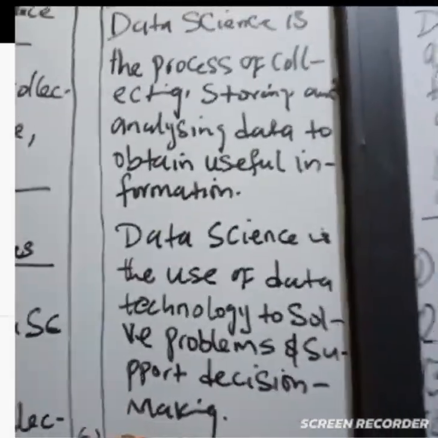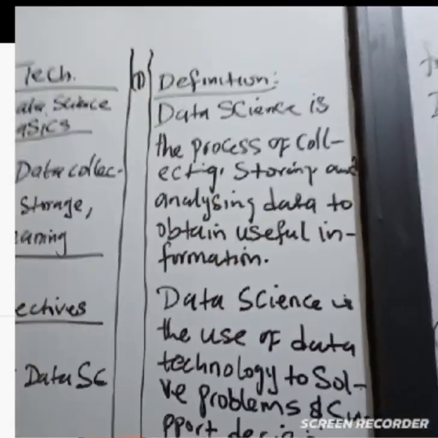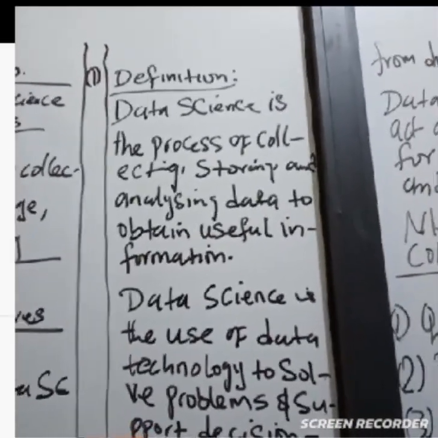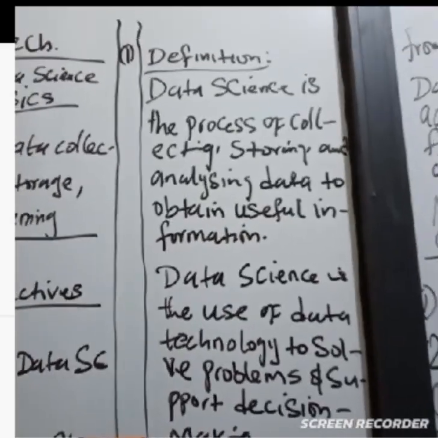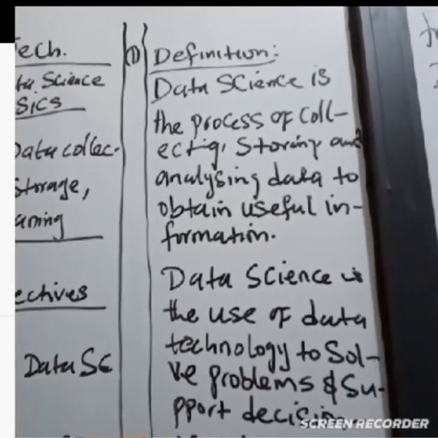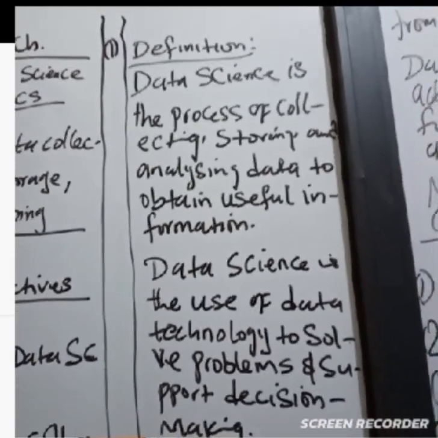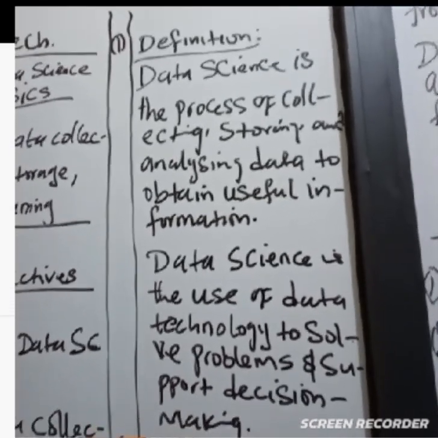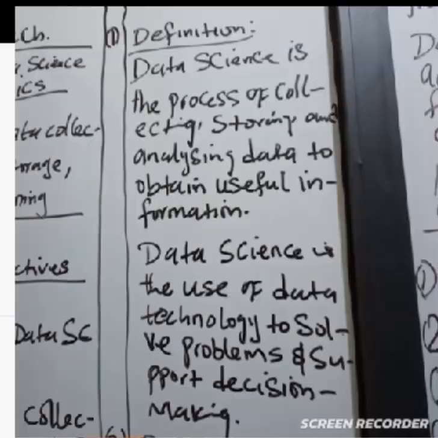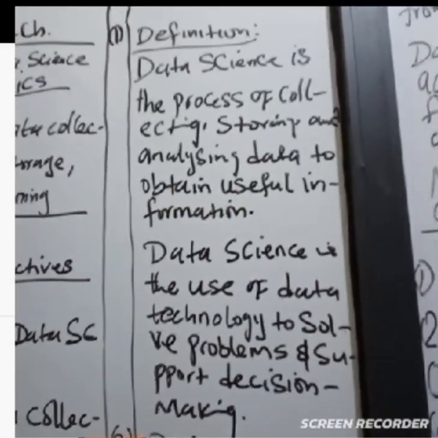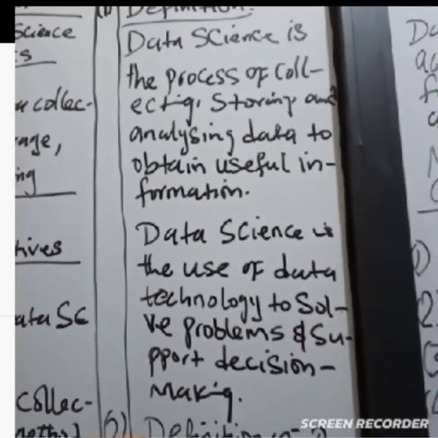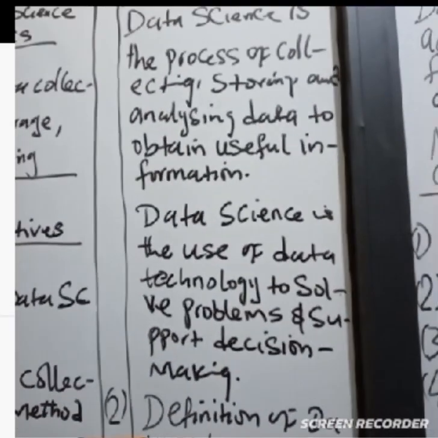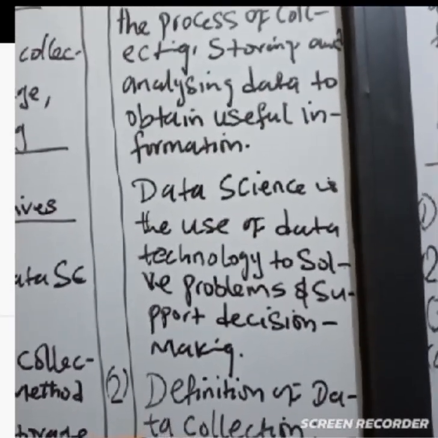Now let's move on to objective number one, which is the definition of data science. Data science is the process of collecting, storing, and analyzing data to obtain useful information. Two, data science is the use of data technology to solve problems and support decision making.